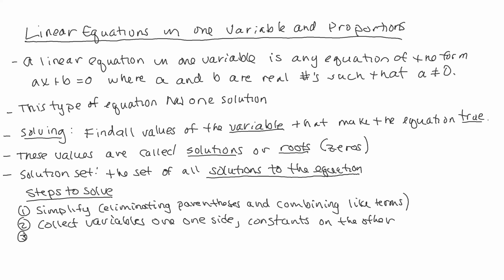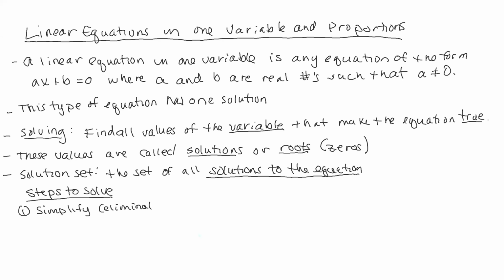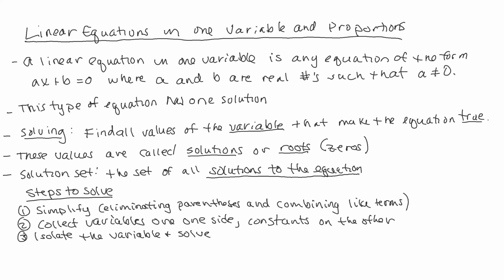Step 3 is we isolate the variable and solve. So what's really happening, whoops, I forgot a letter. We isolate the variable and we solve. So what we're really doing is we're dividing by the coefficient of the variable.